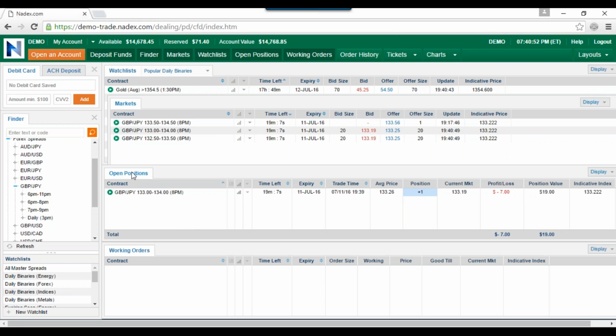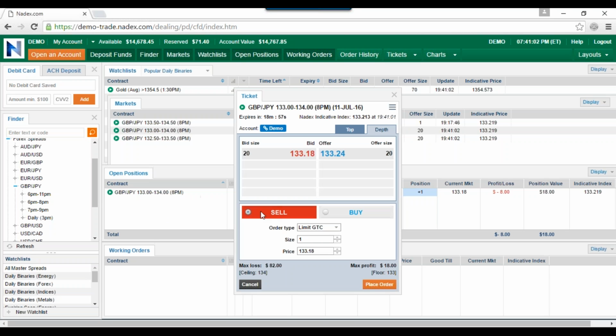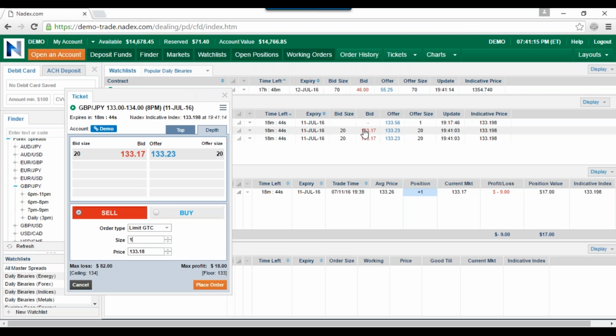So I'm in this position here. I bought it. Remember I showed you a minute ago how to sell out of it, right? You click it, a ticket comes up already marked sell, and you sell it. Well, when this ticket comes up already marked sell, what price is it marked to sell at? It's automatically going to be whatever this current price is. But I don't want to sell it right now at 133.16.